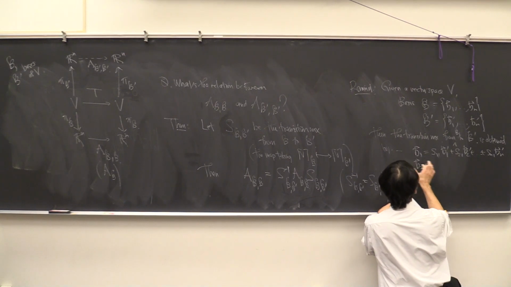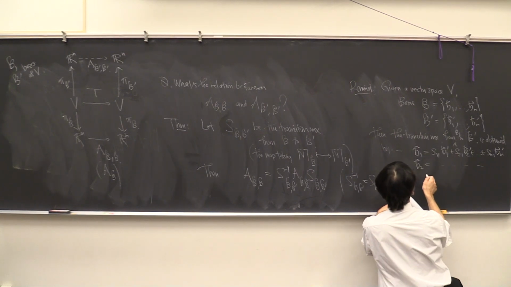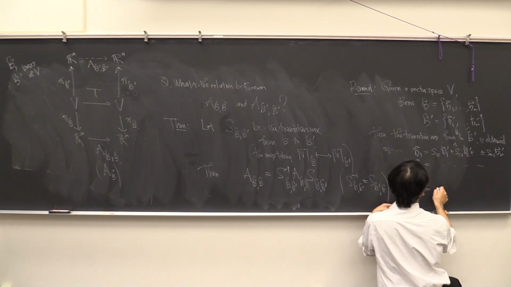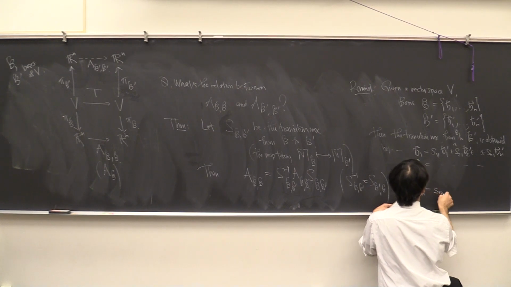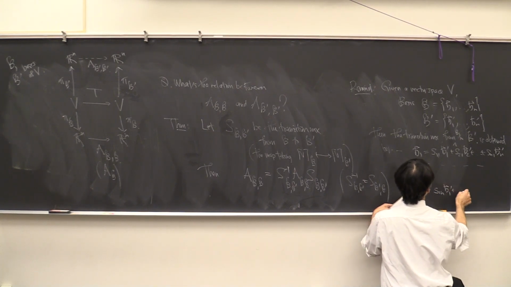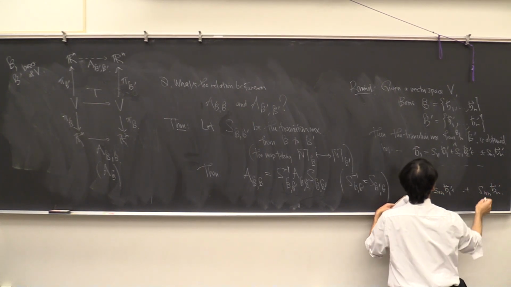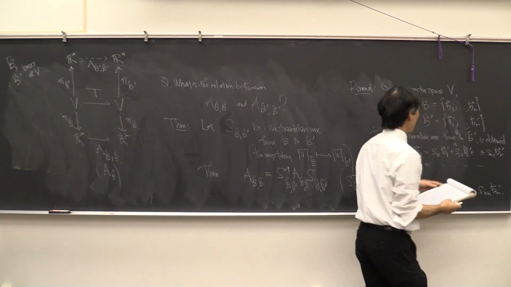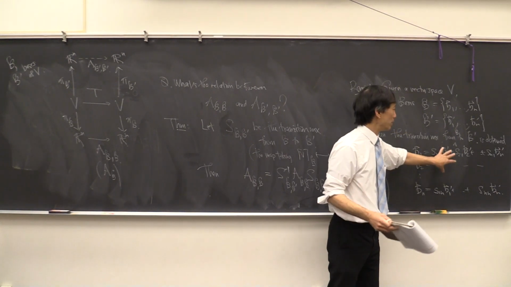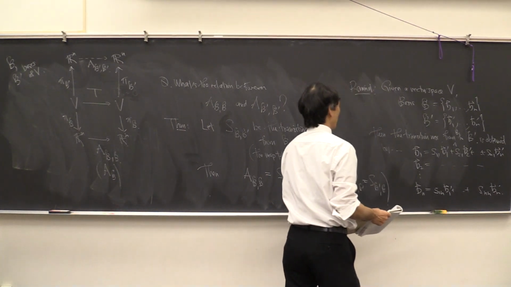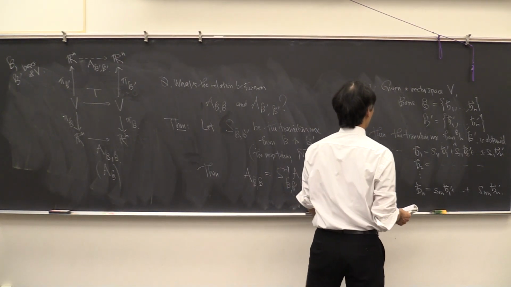B2, you express B2 in terms of the B primes, all the way down to Bn, S1n B1 prime plus Snn Bn prime, and then you take the transpose of these coefficients, right?